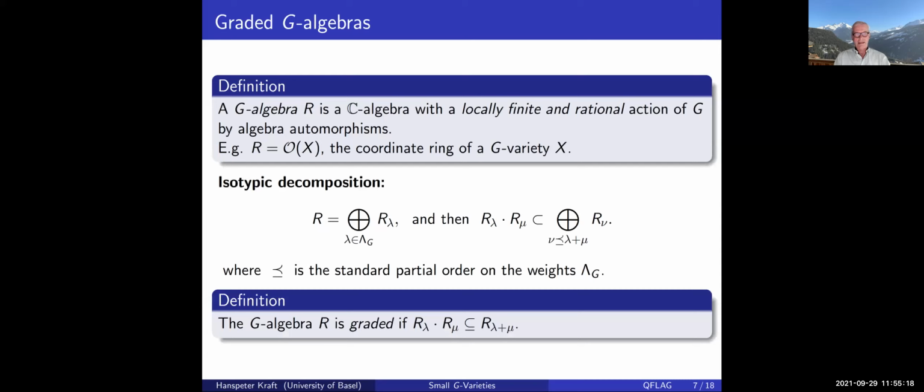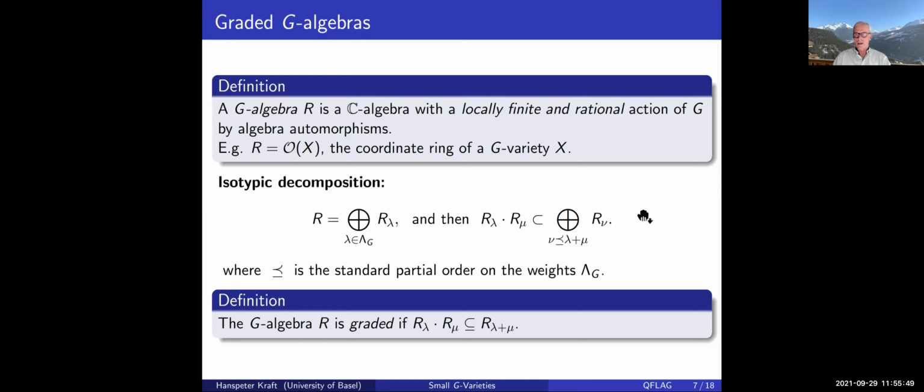Now, I say this G-algebra is graded if the product is contained in R lambda plus mu. So if you have no what Luna and Vust called spontaneous degeneration. So no additional thing, you always end up in lambda plus mu. Then I call it a graded G-algebra.